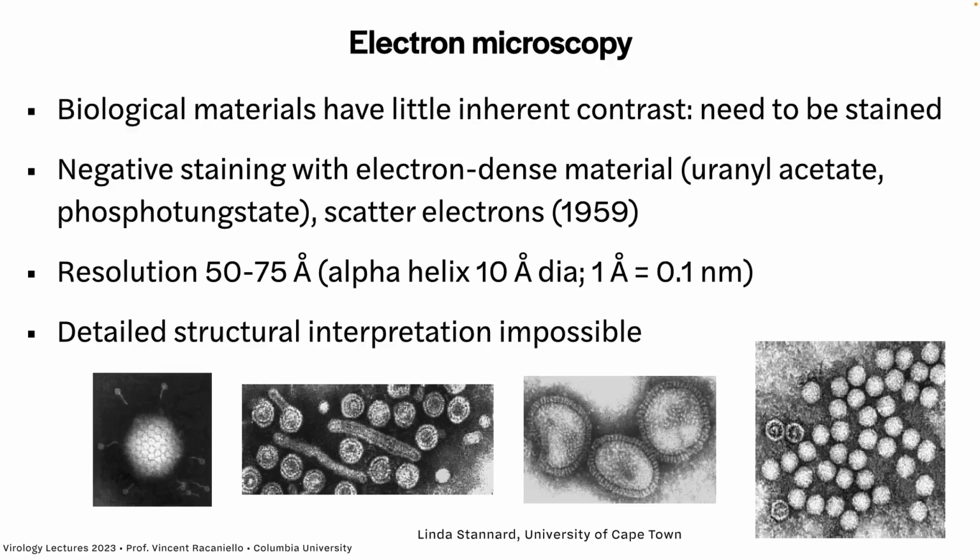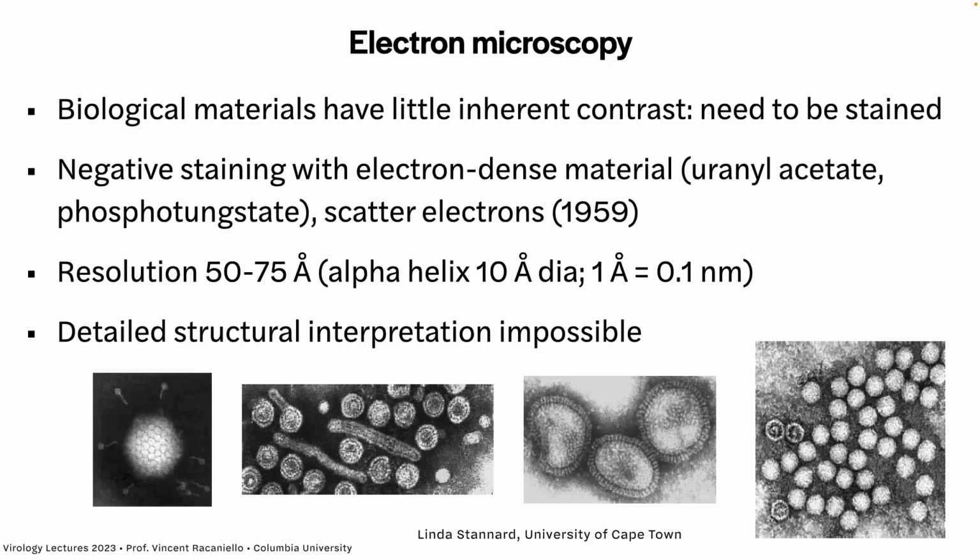So a couple of considerations about electron microscopy. Most biological materials have very little contrast. You have to stain them. I'm sure you know this. Even looking at materials in a light microscope, you have to put some kind of stain on them to see them. And so with very small particles like viruses, you can't use a dye like crystal violet.